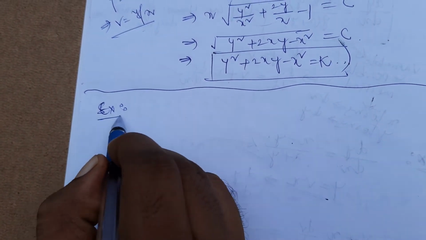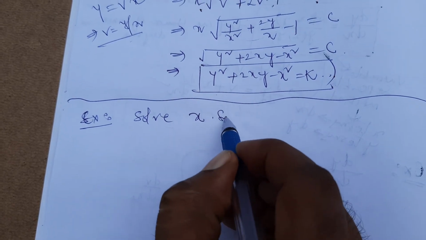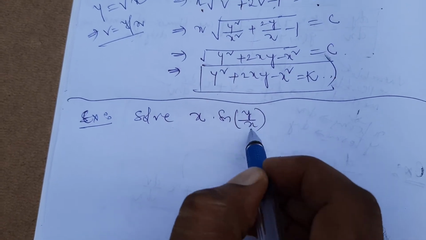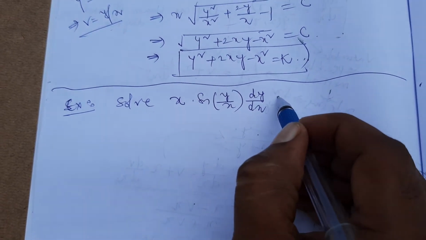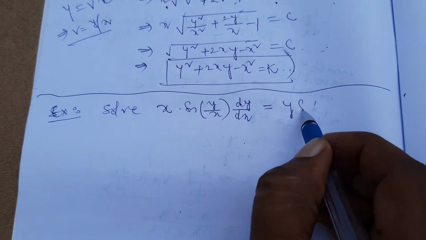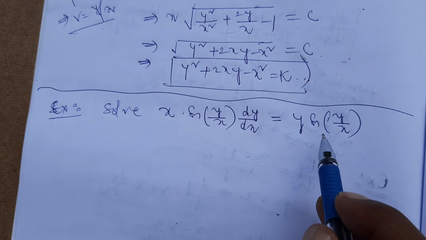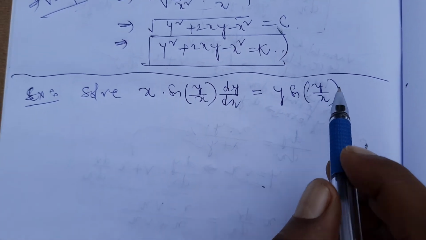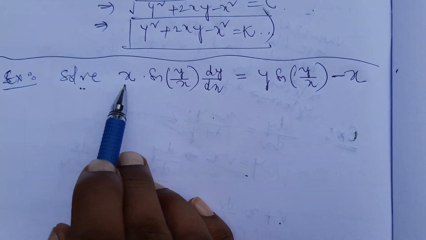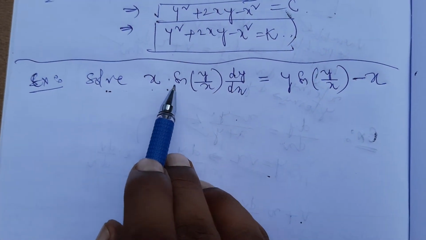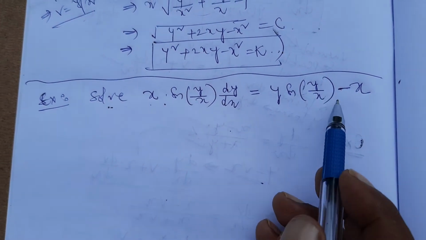Here they given as, solve x into sin of y by x dy by dx is equal to y into sin of y by x minus x. Once again, solve the differential equation, x into sin of y by x dy by dx equal to y into sin of y by x minus x.